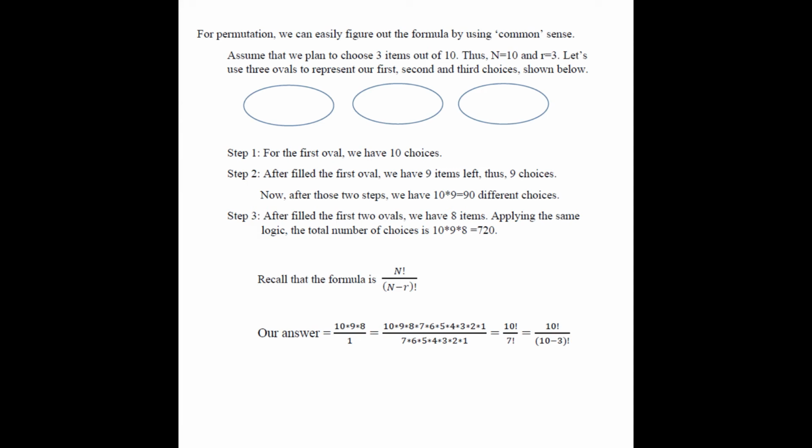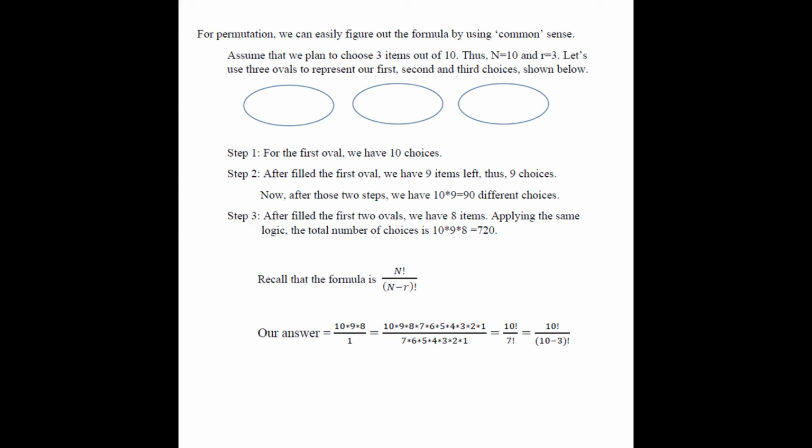Combining the first and second steps, in total, we have 90 different choices. Step 3, after filling the first 2 ovals, we have 8 left. Applying the same logic, the total number of choices is 10 times 9 times 8, which is 720.